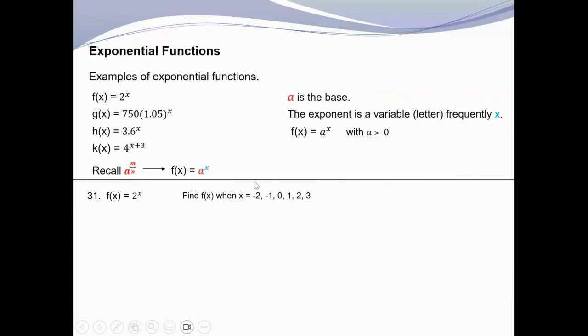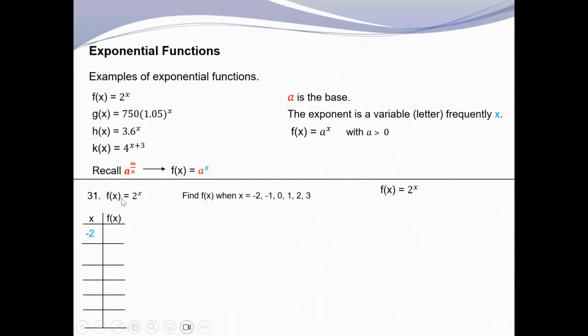These are the values for x that you will always use, like 99% of the time, because it'll make your work much easier. So how do we do this? We're going to evaluate the function at -2, -1, 0, 1, 2, and 3.